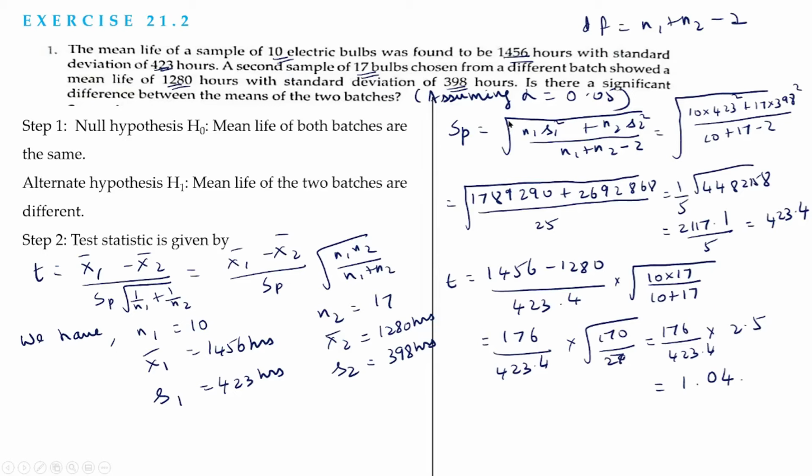Now we need to find the table value at 5% level of significance, and the degrees of freedom is n1 plus n2 minus 2. So it is 10 plus 17 minus 2, which is 25.